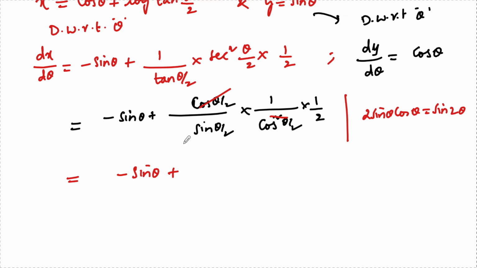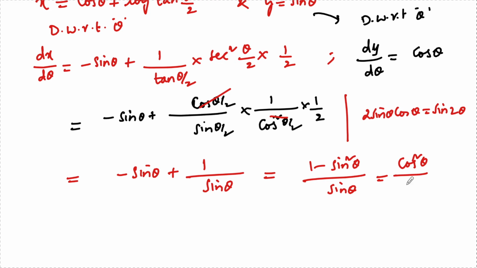So we can write 2 sin theta by 2 into cos theta by 2 is sin 2 into theta by 2, that is sin theta. So we can write 1 upon sin theta, or on simplifying we can write 1 minus sin square theta upon sin theta. So this is dx by d theta, that is 1 minus sin square is cos square theta by sin theta.